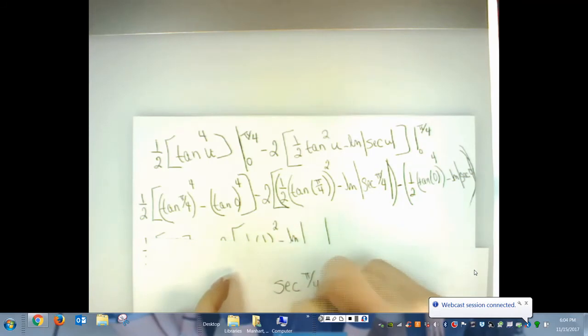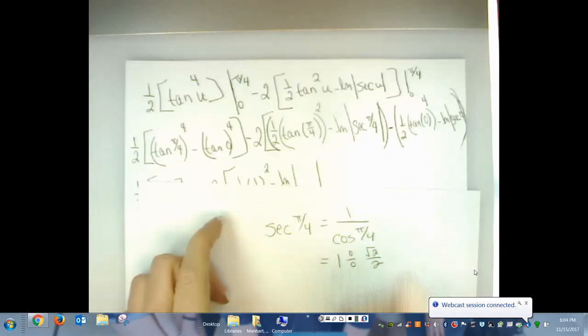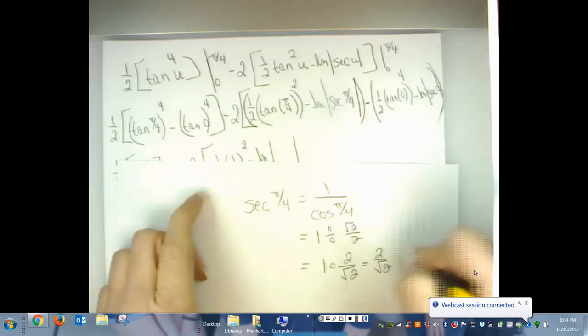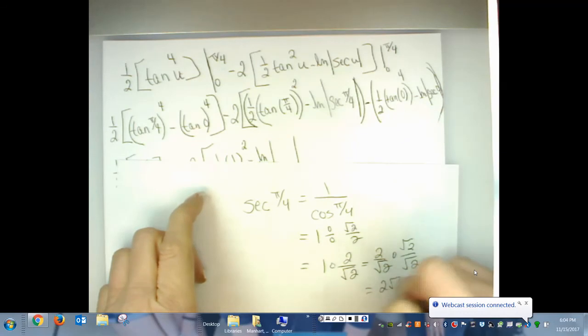Secant of pi over 4 is 1 over the cosine of pi over 4, which is 1 divided by the square root of 2 over 2, which is 1 times 2 over the square root of 2, which is 2 over the square root of 2. And when you rationalize that, you get 2 square roots of 2 over 2.